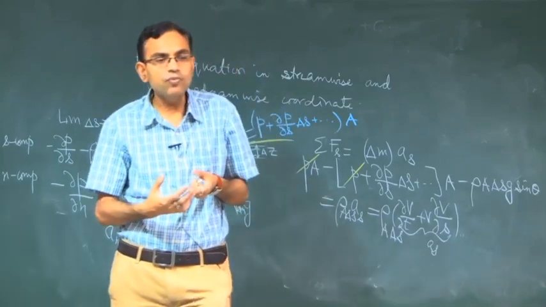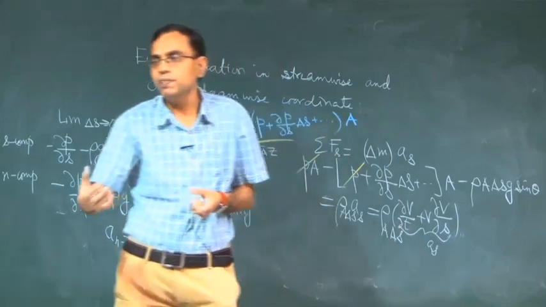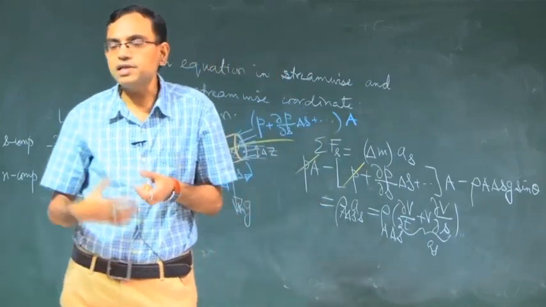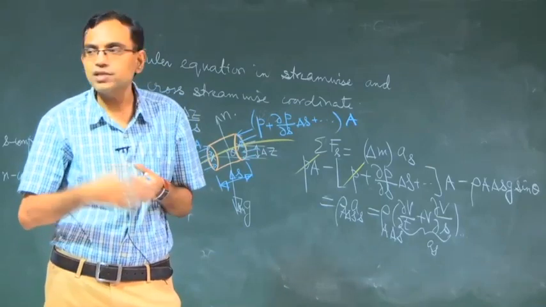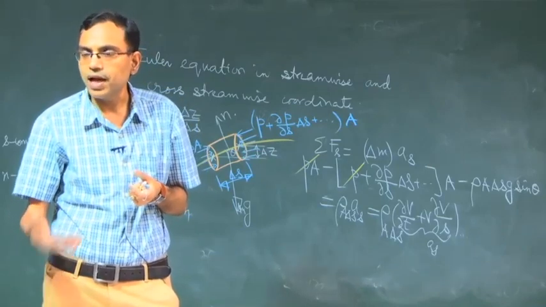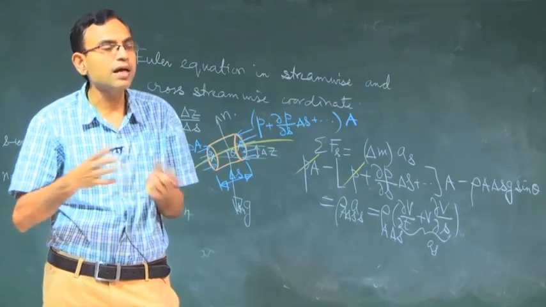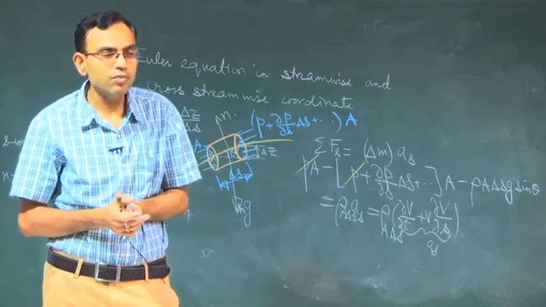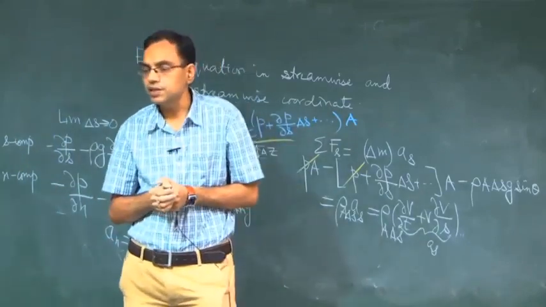From the vector form we eventually derived a scalar form, and the scalar form under certain special circumstances led to the Bernoulli's equation, which we analyzed for steady and unsteady flow. And the final thing that we did was to express these equations in streamwise and cross streamwise coordinate instead of the traditional Cartesian coordinate.